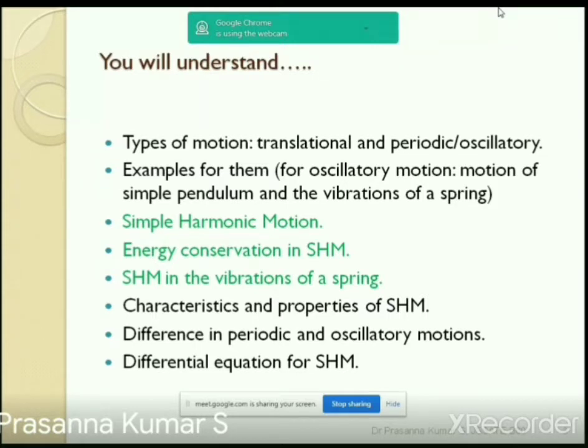And the differences between periodic and oscillatory will be understood. At the end, ultimately, if time permits, I hope we'll be able to complete the differential equation for simple harmonic motion. We are going to get the expression for the differential equation for simple harmonic motion.